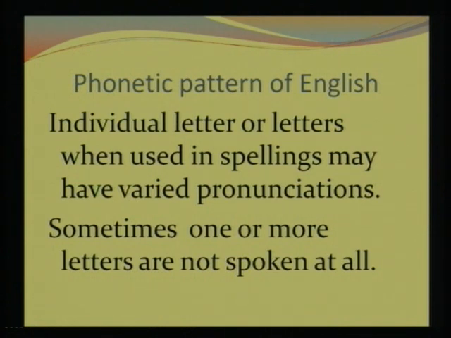Very often one letter may have different pronunciations, sometimes 2 or 3 letters may have different pronunciations, and sometimes in English there is a problem of silent letters. Sometimes some of the letters are not spoken or they are spoken in some other way. So we will see about this in the next slide.